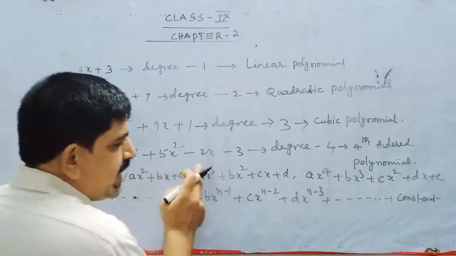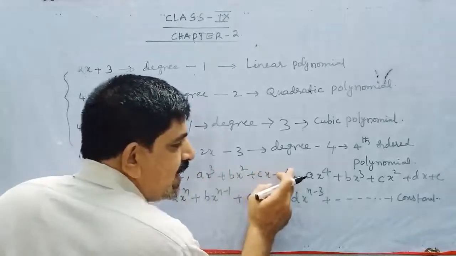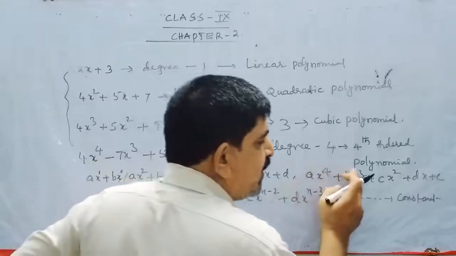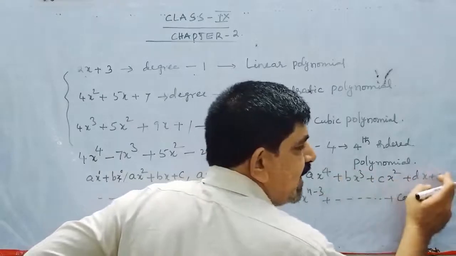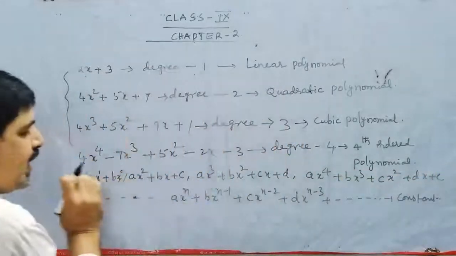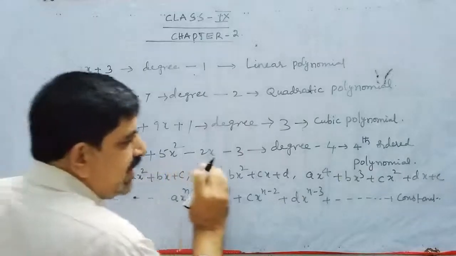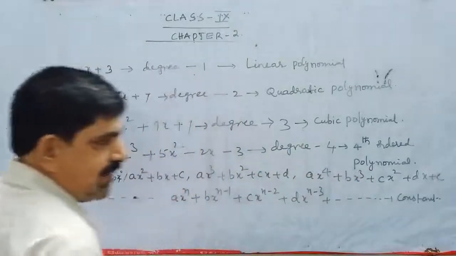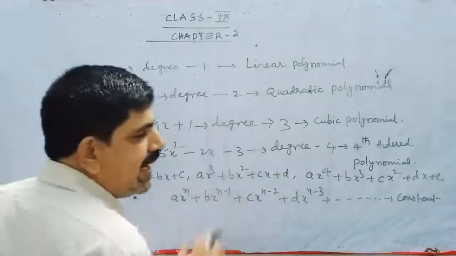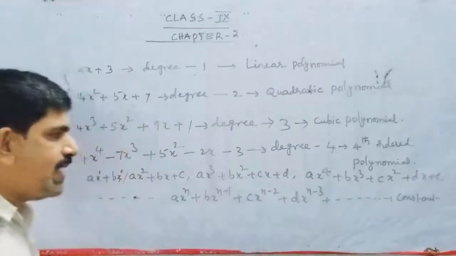Next x cube, x square, x power 0. Then x to the power of 4, x cube, x square, x and x power 0. That means the powers of each one are in decreasing order. Understood, children?